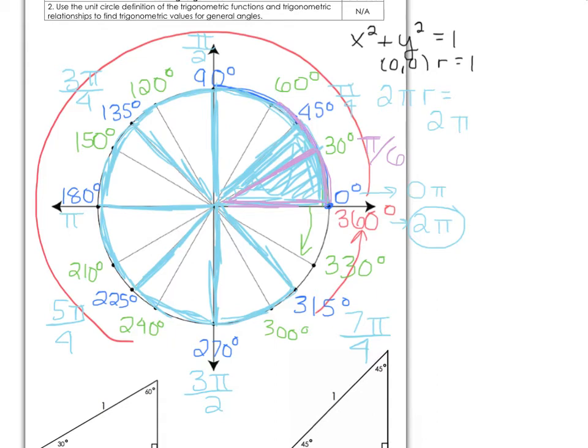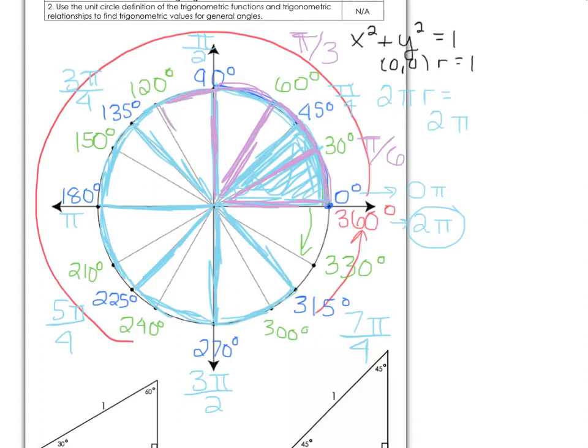So we're going to add another pi over 6, and we have pi over 6 plus pi over 6, which would be 2 pi over 6, which simplifies to pi over 3. So the 60-degree radian equivalent is pi over 3. If we continue to add units of pi over 6, we're now up to 3 pi over 6, which, like we said, simplifies to pi over 2.